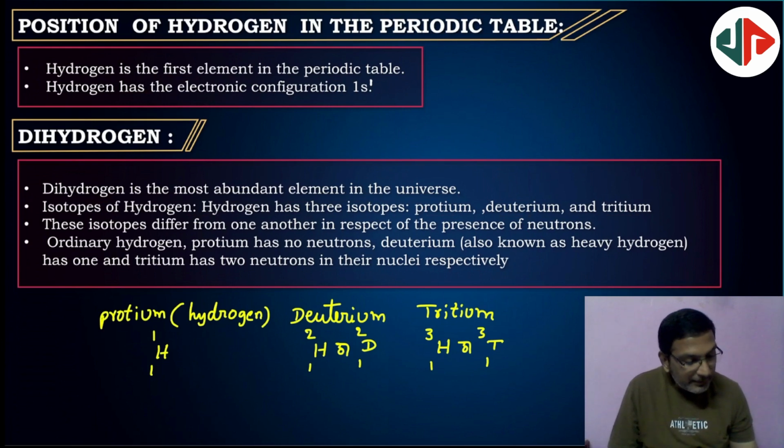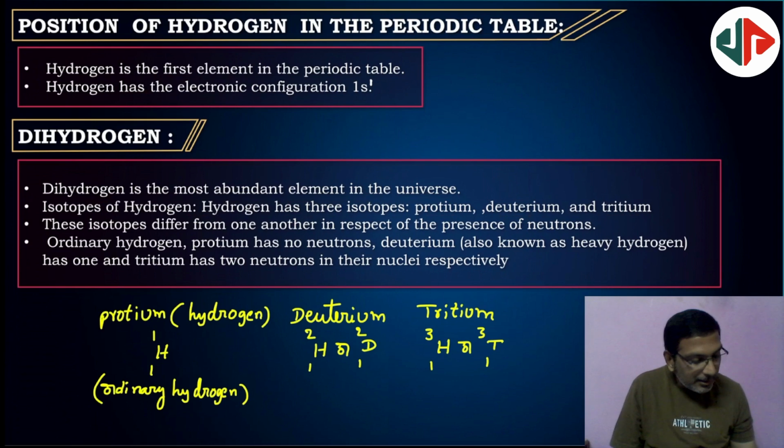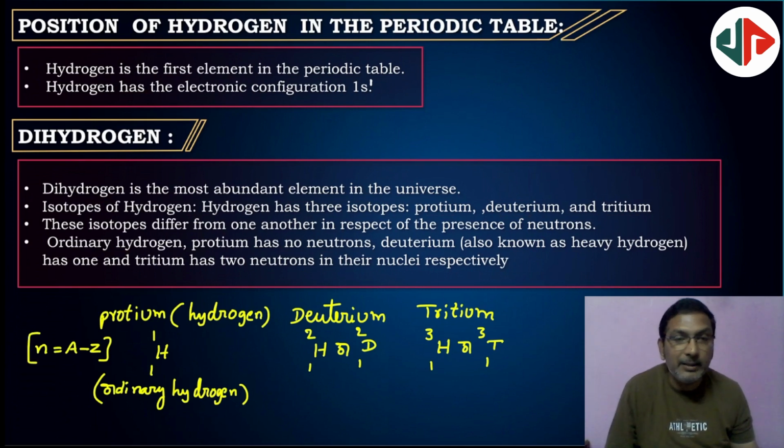Next, protium is also known as ordinary hydrogen. So very important. Ordinary hydrogen, that means protium, has no neutrons. So neutrons can be calculated by using the formula N equal to A minus Z, mass number minus atomic number.